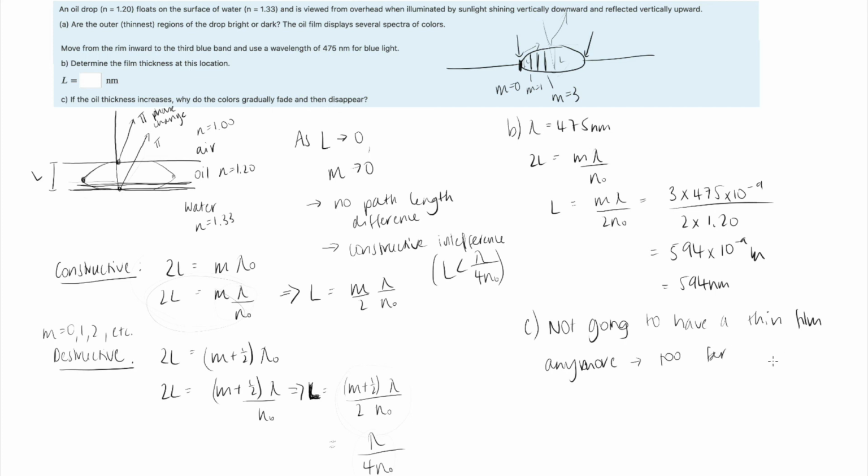They're going to be so far apart, in fact, that the light rays from both surfaces are not going to be coherent anymore. So that's what's going to happen as we increase the thickness of the oil droplet.